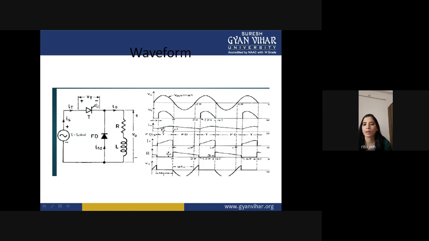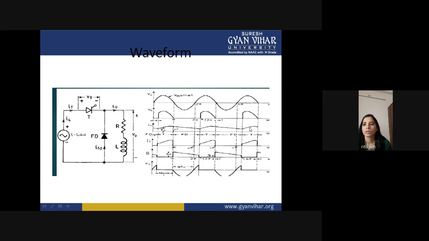So the SCR will conduct and the diode becomes reverse biased. Fine. So by using the freewheeling diode, you can see that the output current is not getting 0.